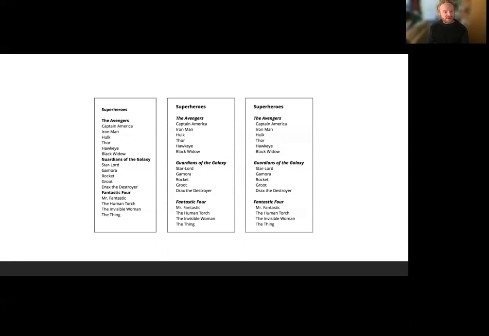In the third list, which, as we said, is the best example of design, the superheroes are indented further than the movie titles. This is another visual cue using proximity that superheroes are different from the movie titles themselves. This is also an example of alignment.